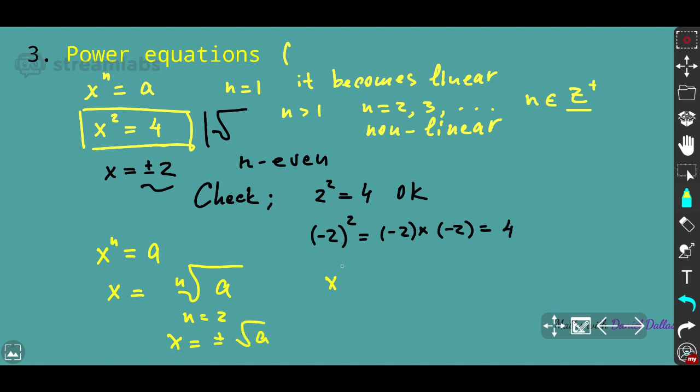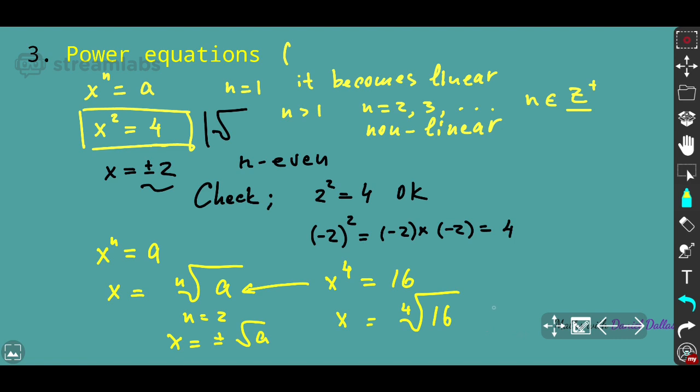Let's pretend that we have another power, which is 4, and we have the result 16. You can use this approach in order to find the value. So you're taking the nth root, so you're taking the fourth root out of 16. You can use a calculator with fourth root, but you can also use the power properties.